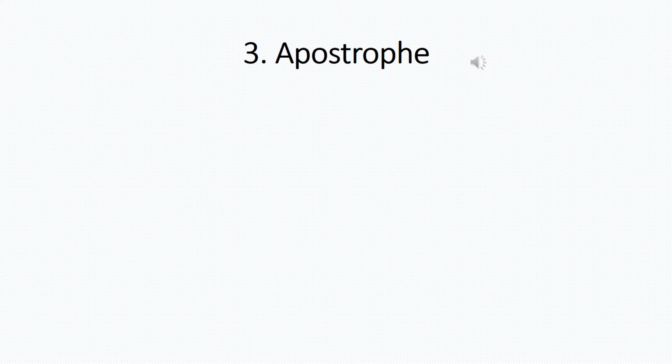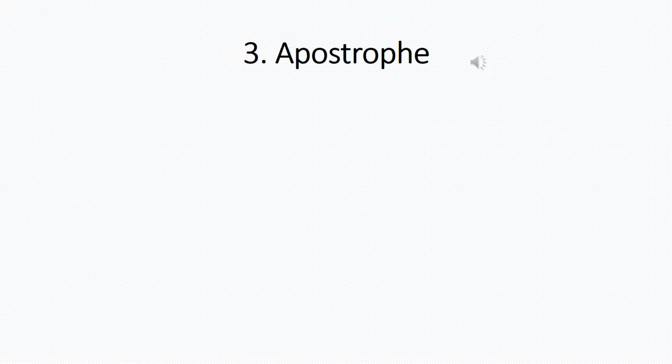Okay, let me explain the first one, omission. What's omission? Apostrophe can be used instead of omitted letters or a letter. Sometimes, as part of contraction, we skip a letter or some letters even from a word.